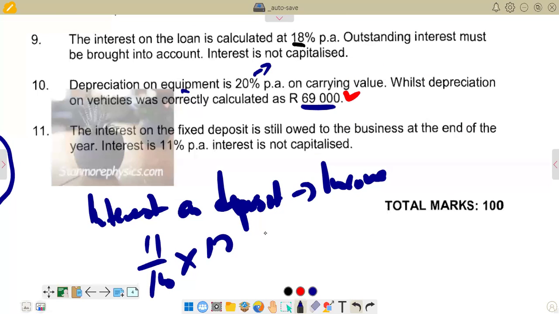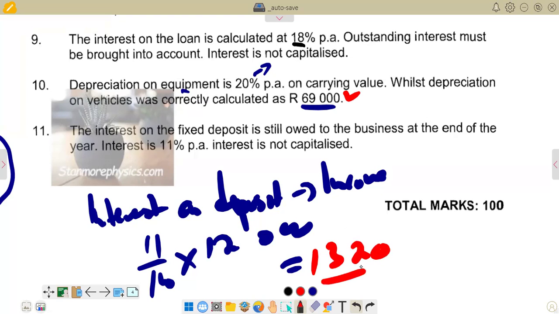So we are multiplying by 12,000. What do we get there? Let's try to calculate it. You get 1,320. So this is the figure that we have for interest on fixed deposit.